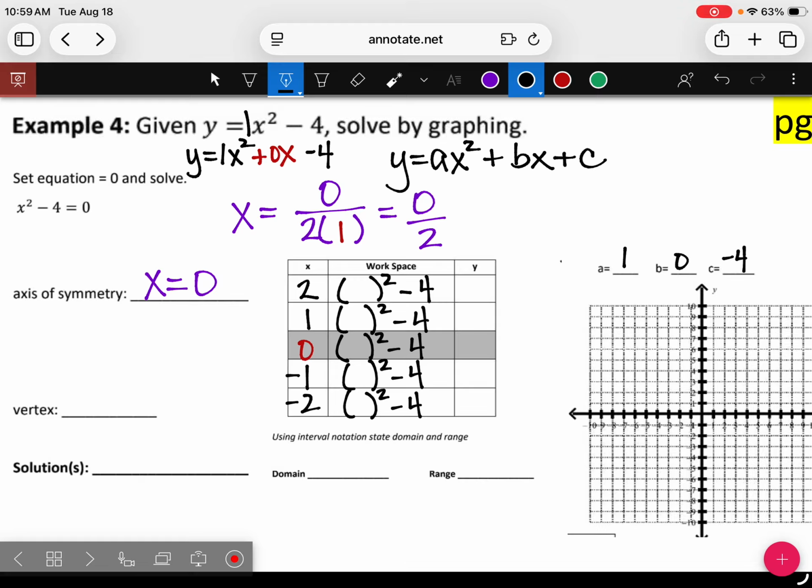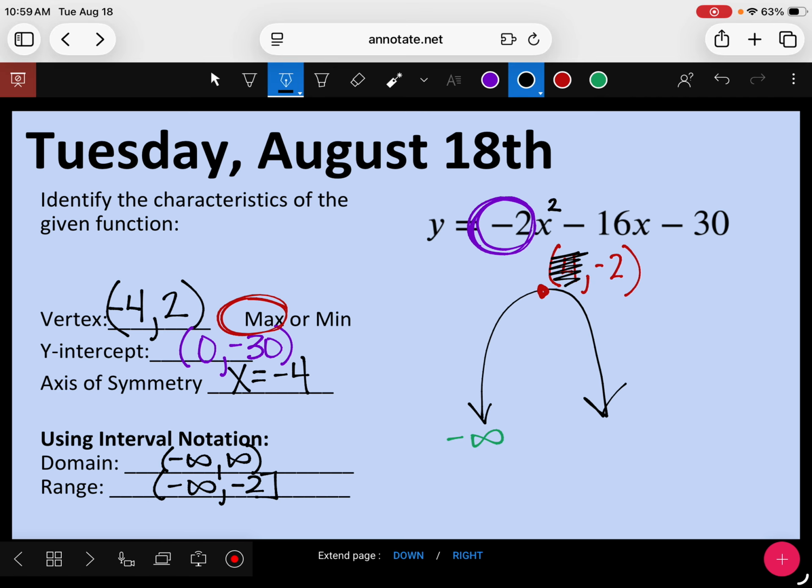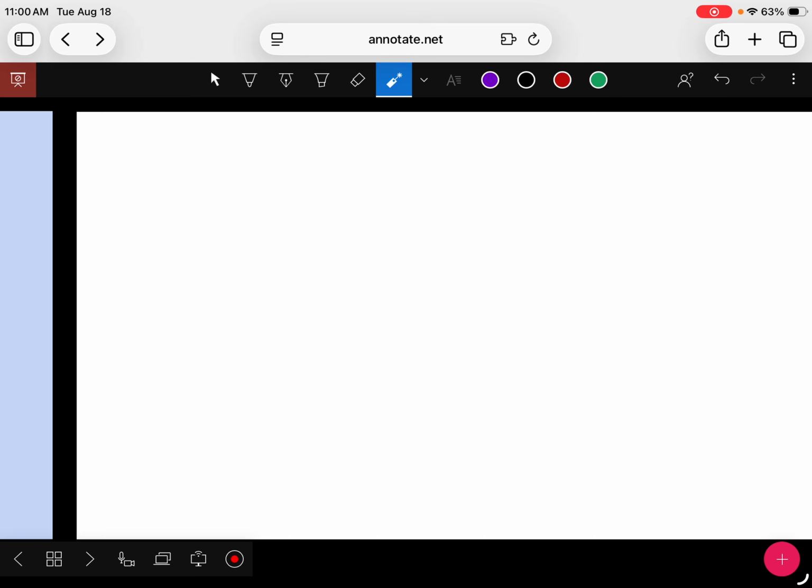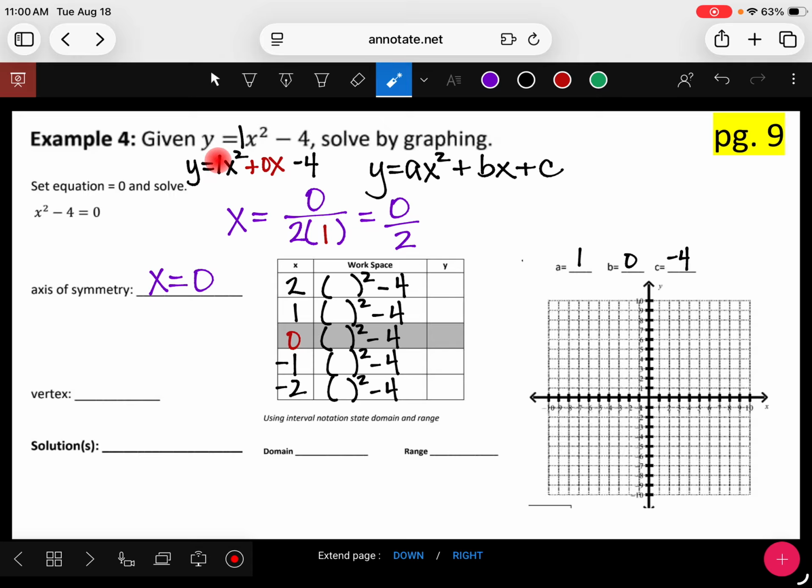Is that tender? Yes. On the bell work, when you just did the workspace part, you put 2 in front of the x. Yeah, let's go back. That was because this one had a 2. But when you look at this one, what's the number in front of the x squared?